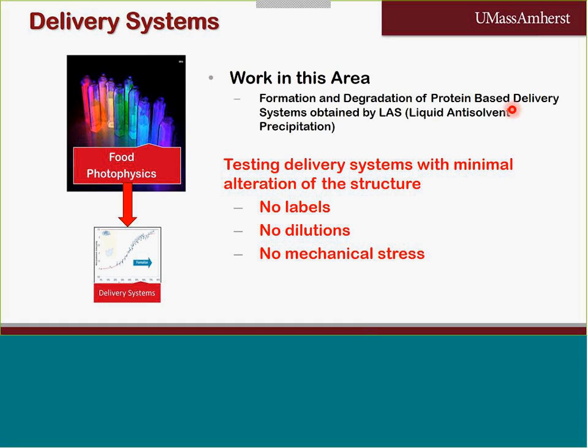And I'm going to introduce another concept that is called Förster resonance energy transfer, because that's the one that we use in order to monitor what was happening during formation of the protein delivery system.